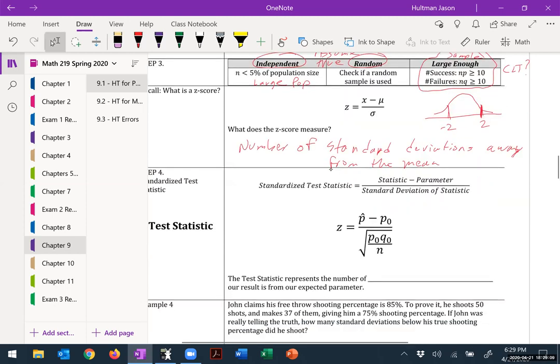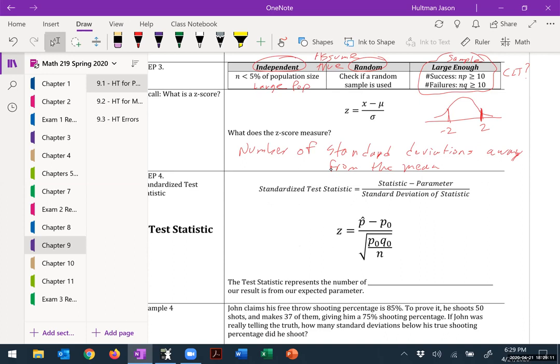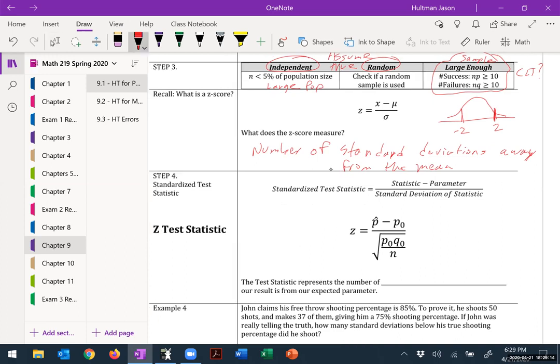For a proportion, we're going to calculate our z-score. The test statistic is always the statistic, this is our sample proportion, minus the parameter, this is our population proportion, all over our standard deviation, which in this case we're going to call our standard error.